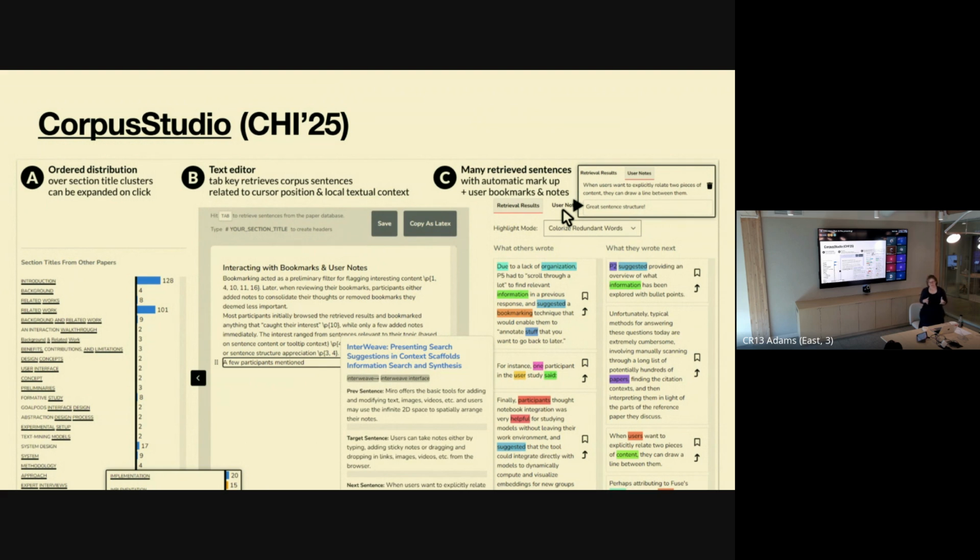Excellent point. The only contextualization that we added was that you could hover over it and have a direct link to the original paper, and see the sentence before and after. So it was information to contextualize it if you wanted to see it.